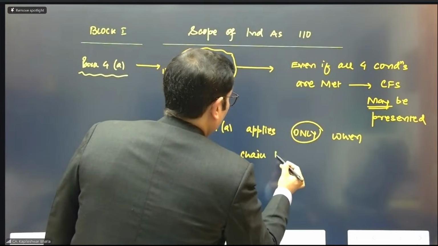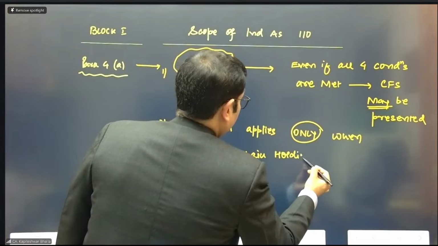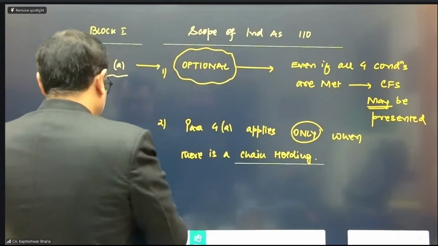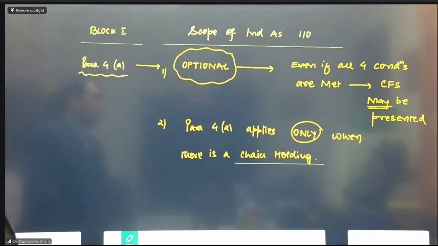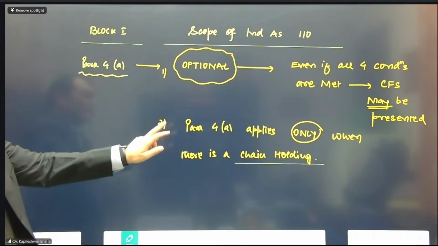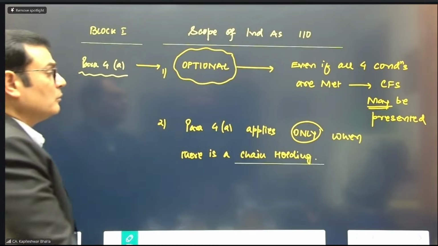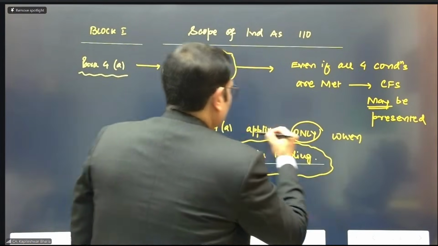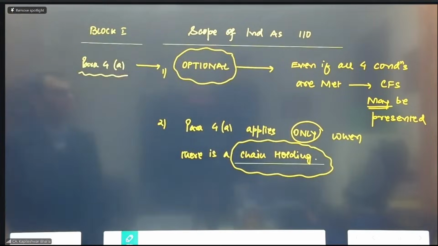Let's underline chain holding. So I think these are the two important inputs which you need to keep in mind as far as para number 4A is concerned. It gives you a complete choice, that is one, and it's applicable only when there is a chain holding. If there is no chain, para number 4A cannot trigger.